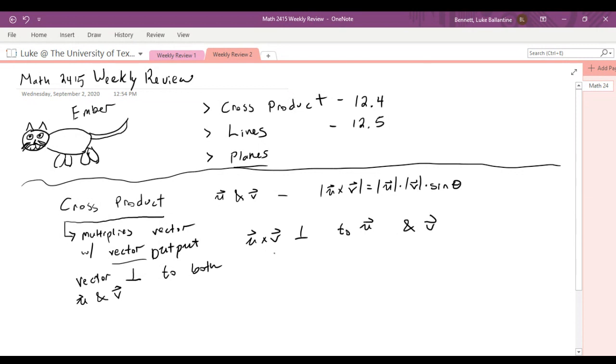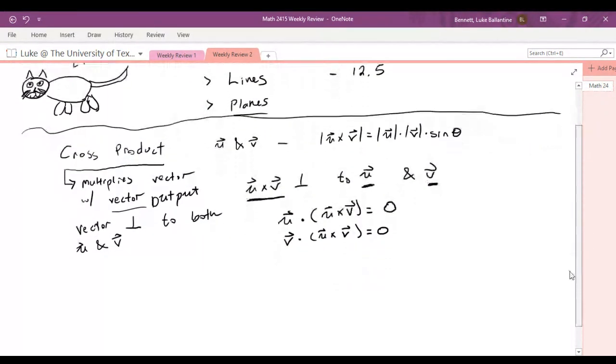If you ever get nervous that you messed up, you can take your vector output and take the dot product with u and v, and you should find that u dot u cross v will be 0, as well as v dot u cross v, because two vectors are orthogonal if and only if their dot product is 0. We know that from last time, that was 12.3.